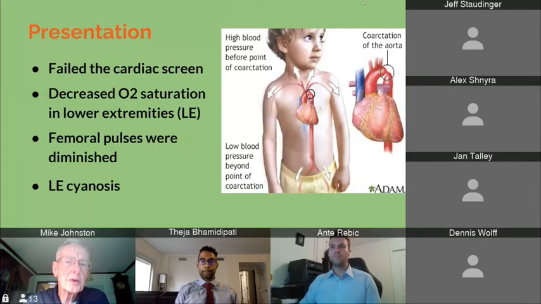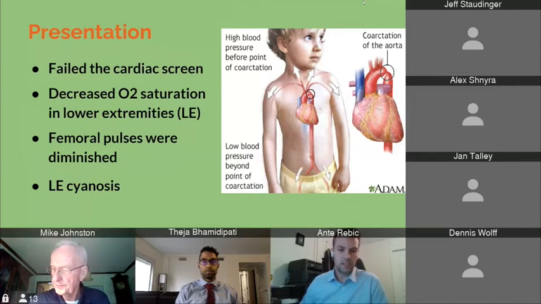All right, so now we get into the fun part. So our patient, as Theja said, when born, appeared normal, all of his findings were within normal limits. However, every newborn receives a cardiac screen within the first 24 hours.